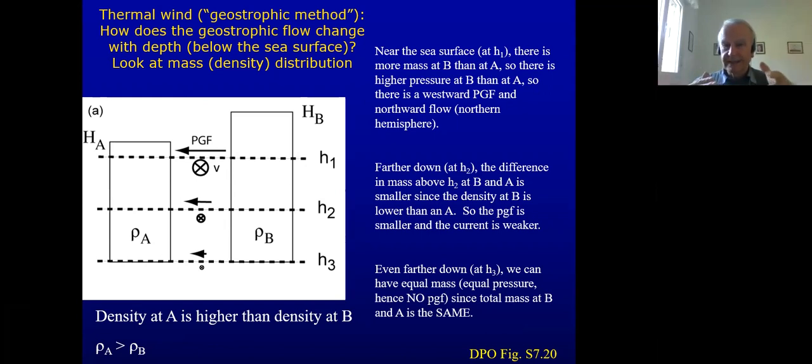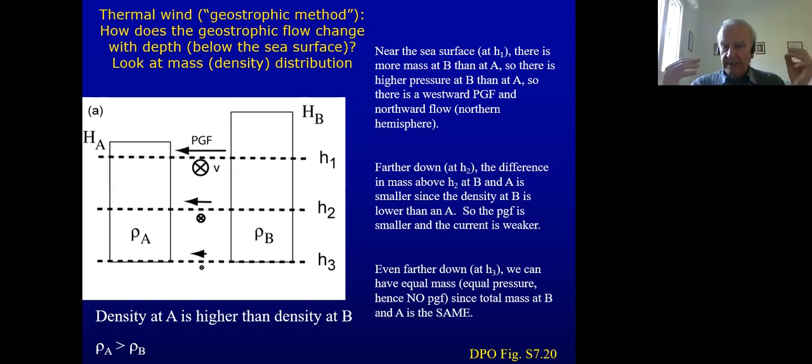So here we can see qualitatively that the vertical shear, dV/dz, the vertical gradient of the horizontal velocity, is proportional to and determined by the horizontal gradient of density. That's an important relationship which connects the horizontal density gradient with the vertical gradient of the geostrophic flow.